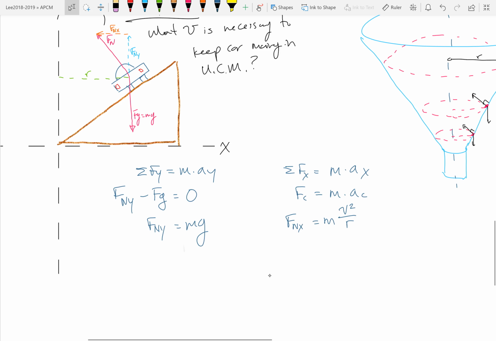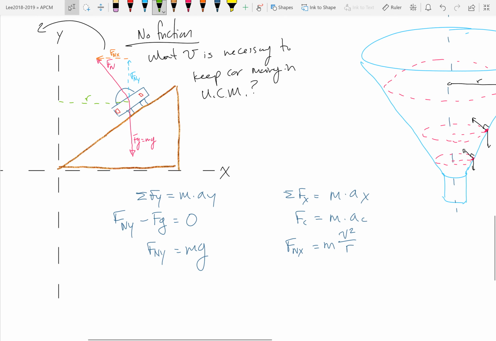So normal force in the y direction, we need to break out my angle here. So I've got an angle down here in green, theta. And you can imagine that I have this guy drawn again, like we had done before, breaking up the gravitational force component. That's theta. So F normal in the x direction in orange is going to be normal force times the sine of that angle. That's in the x direction.